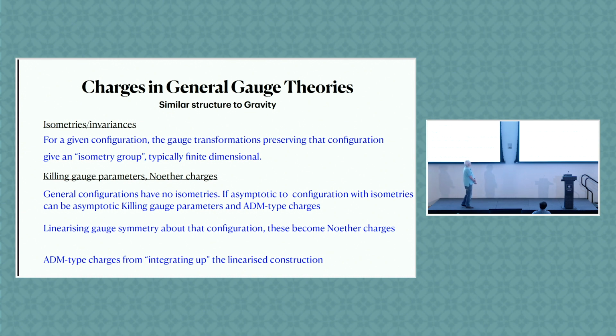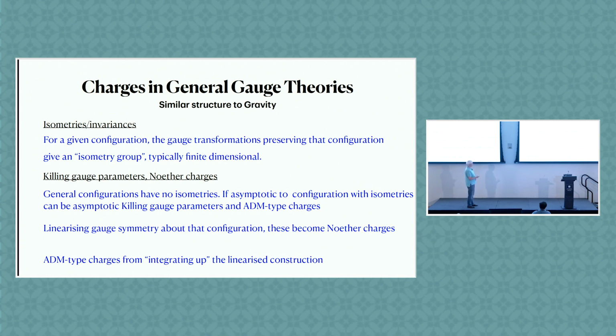So for a given configuration, for general gauge theories, we can talk about the analog of the isometries: invariances, gauge transformations which leave a configuration invariant. And there are corresponding Noether Killing gauge parameters and Noether charges.